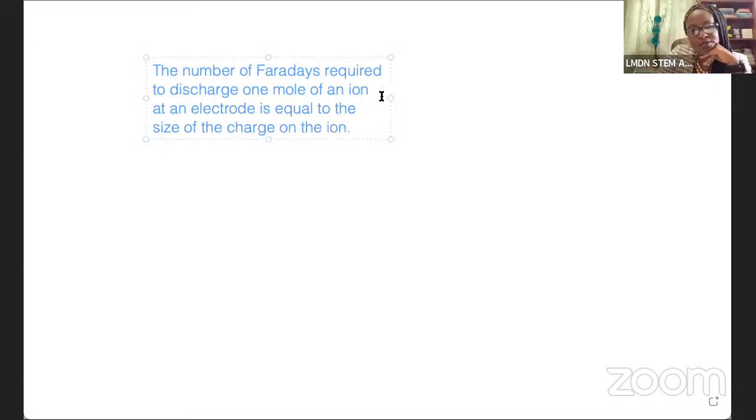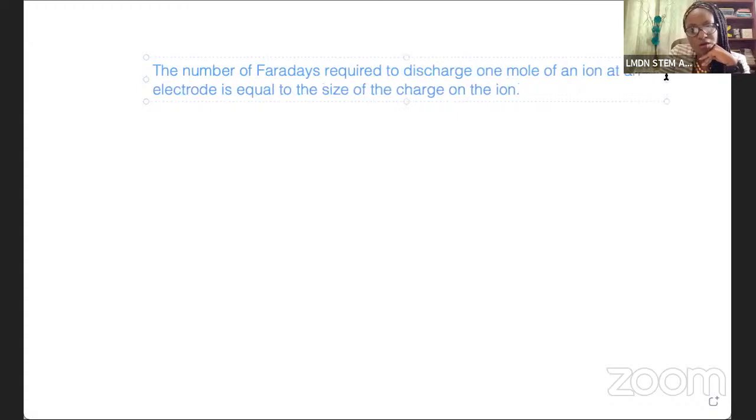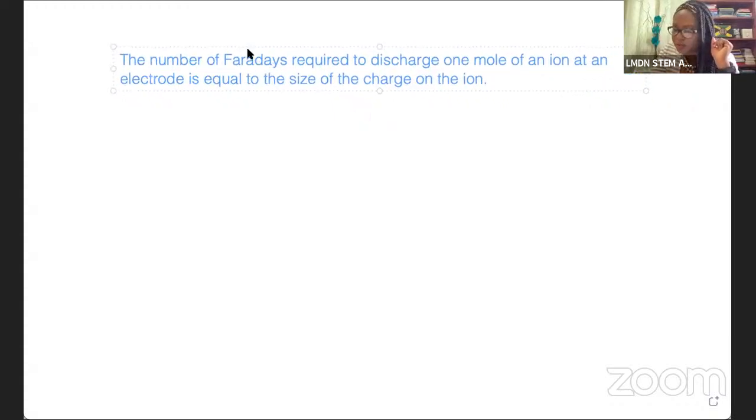I think this is conceptually much easier to grasp than what I had just now. So the number of Faradays, let me write this F in lowercase, the number of Faradays required to discharge 1 mole of an ion at an electrode is equal to the size of the charge on the ion.